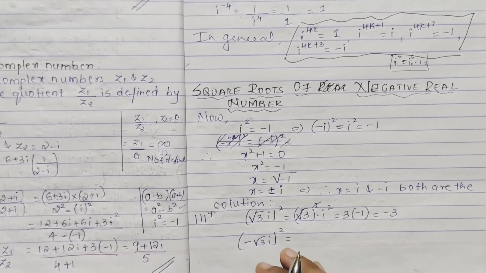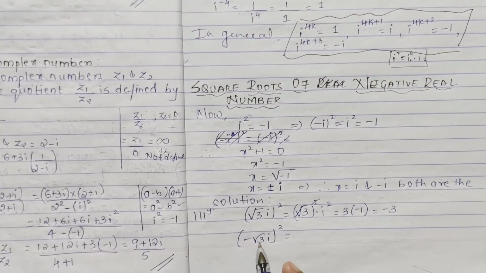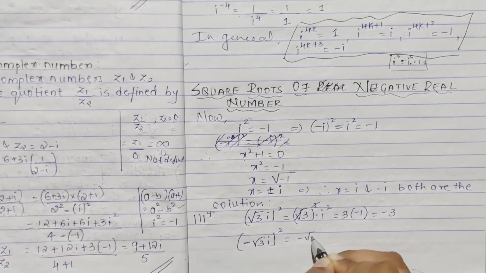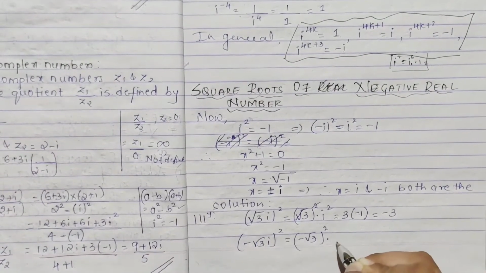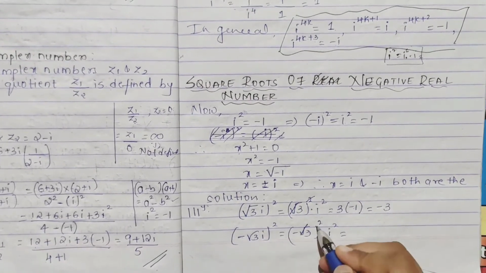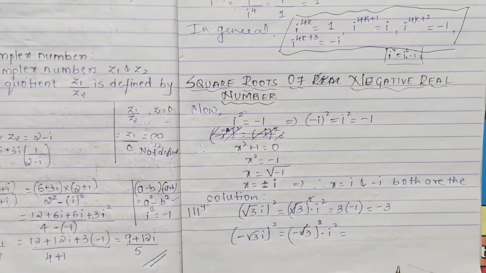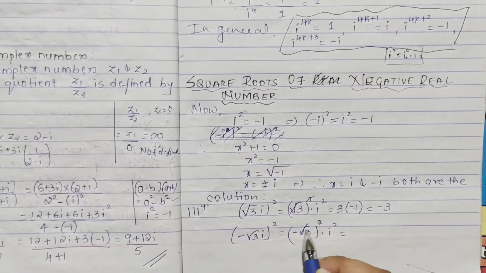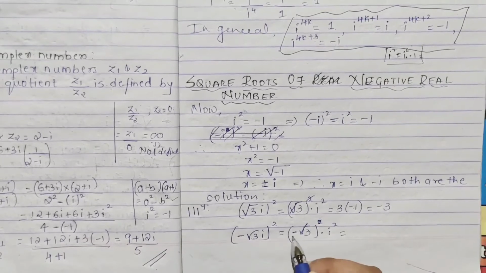Same with the negative, we will check. Here I have taken minus root 3 i whole square. Like this we will split it: minus root 3 whole square into i square. Now see, the root and square cancel here, but the minus is there. For the minus also we should first do the square.